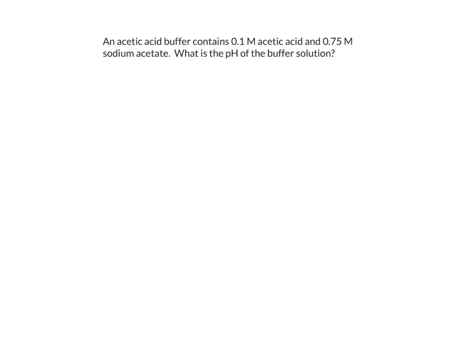Let's practice using this equation by solving for the pH of an acetic acid buffer solution that contains 0.1 molar acetic acid and 0.75 molar sodium acetate. So the first thing to recognize is that acetic acid, which is CH3COOH, when it reacts with water, will form acetate, which is the conjugate base of the acetic acid, and H3O+.